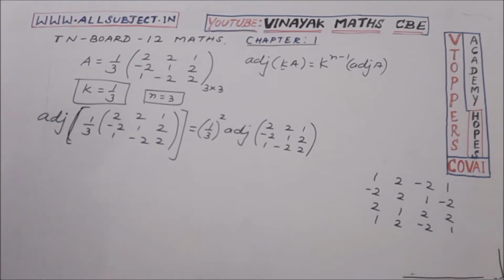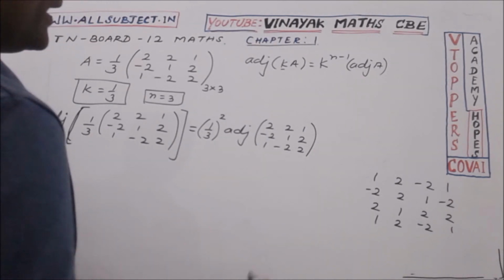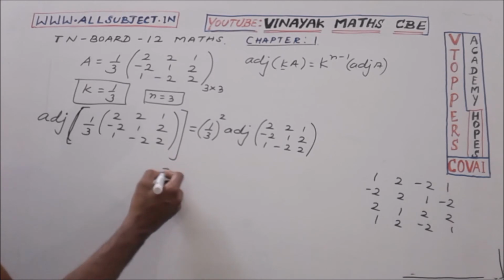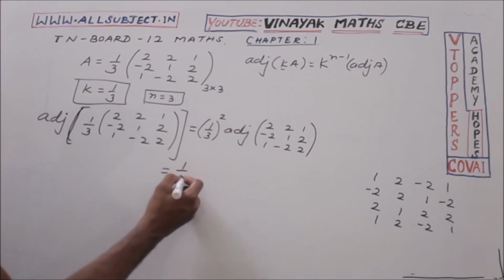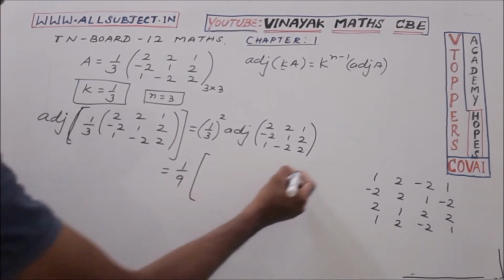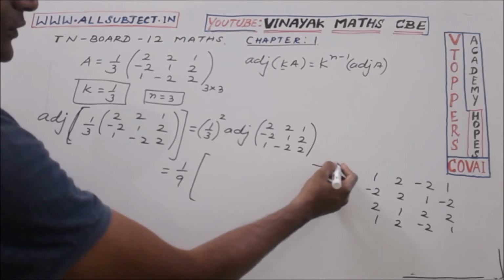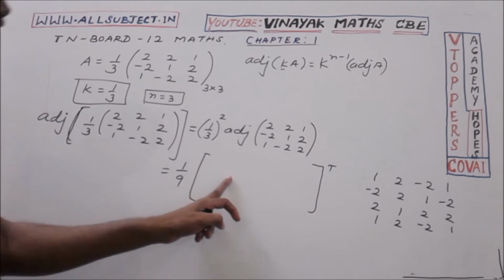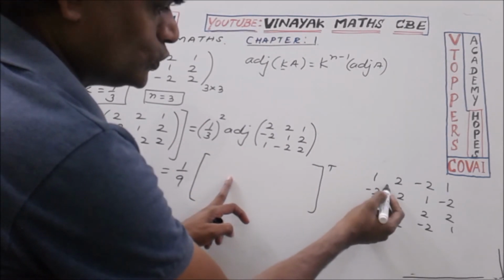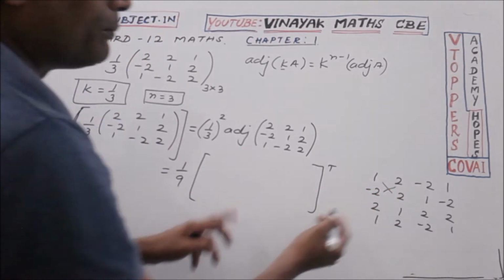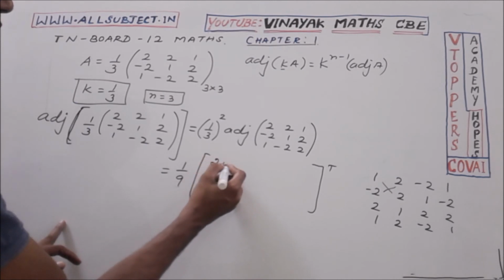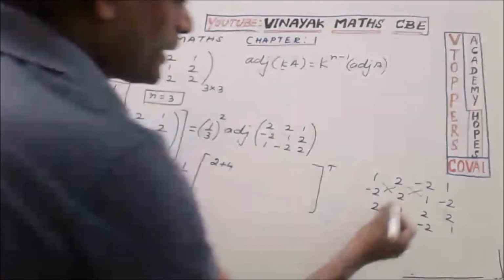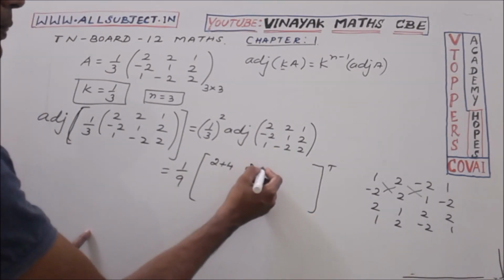Okay, check it once. Now calculating the adjoint of A, that is equal to 1 by 9 into the transpose, the transpose is the adjoint of this matrix. So calculating the cofactor values by this method, 2 plus 4, 2 plus 4, and then here 2 plus 4 again, 2 plus 4.